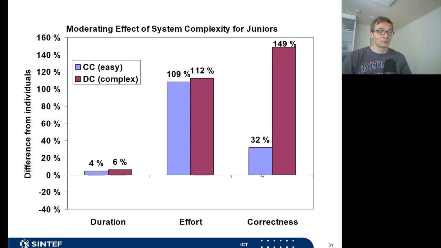For correctness, we can, however, see that for the complex system, the improved correctness of pair programming was much higher. What we can conclude from here is that when juniors are building a complex system, then pair programming is probably a very good idea, because the improved correctness is much superior for the pairs compared to the single programmers.